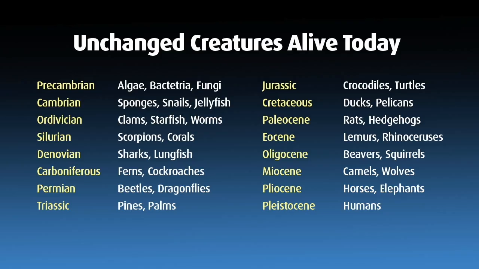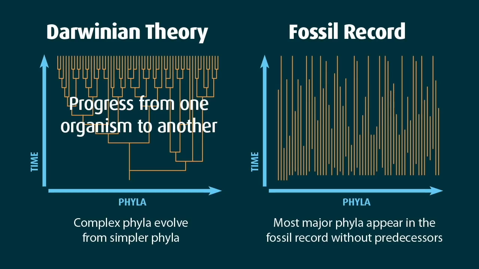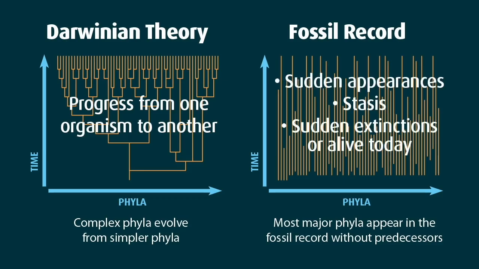We have a lot of creatures that are unchanged from today. We can see their fossil remains supposedly from eons ago, unchanged to today. So there's been no evolution whatsoever. So again, the Darwinian theory says progress from one organism to another, but what the fossil record actually shows is sudden appearances, then stasis, meaning things stay the same, they don't evolve, or they die out, or they're alive today, one or the other, but they don't evolve.